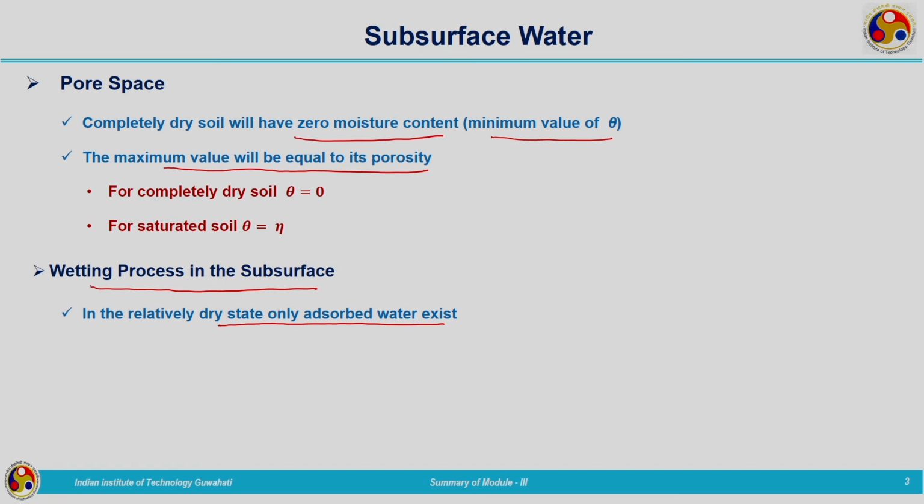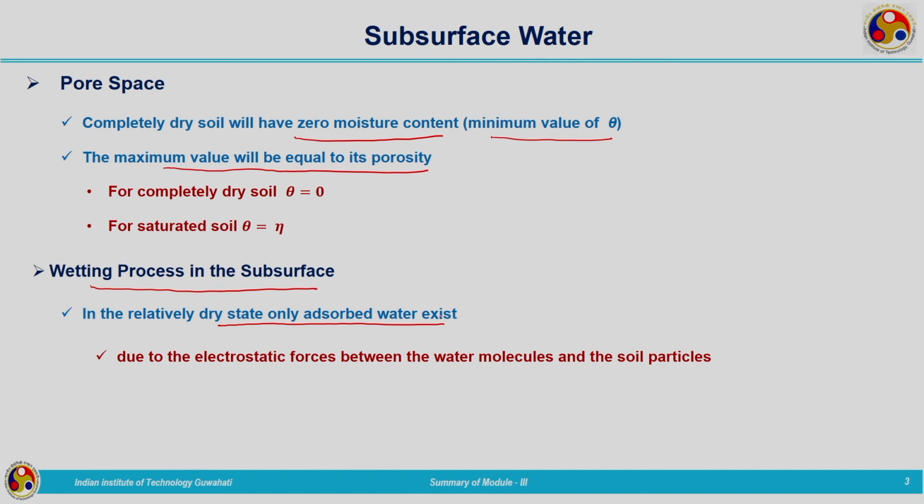Adsorbed water will be present in the soil in the dry state, due to the electrostatic forces between the water molecules and soil particles. So, the main reason behind this adsorbed water is the electrostatic force between the soil particles and the water molecules.